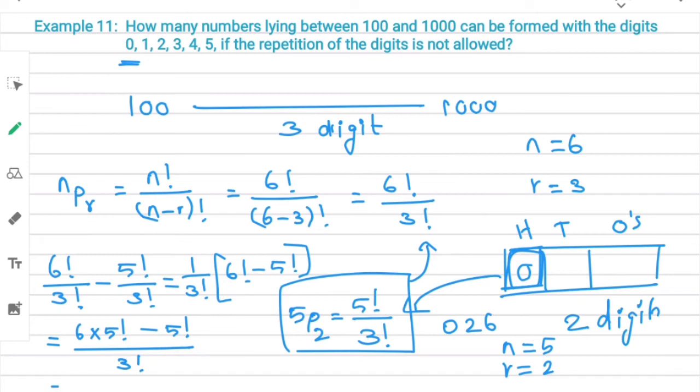In this I can take 5 factorial as common. Therefore 5 factorial by 3 factorial of (6 minus 1). Then you will get 5 factorial into 5 by 3 factorial. Now on further simplification, you will get 100. So this is your answer.